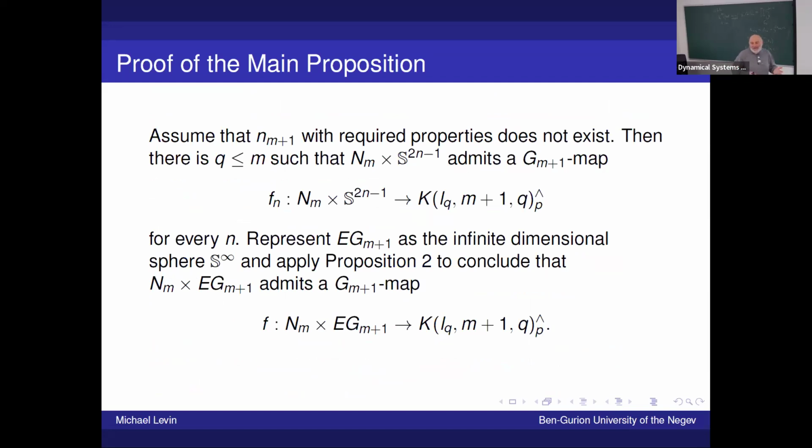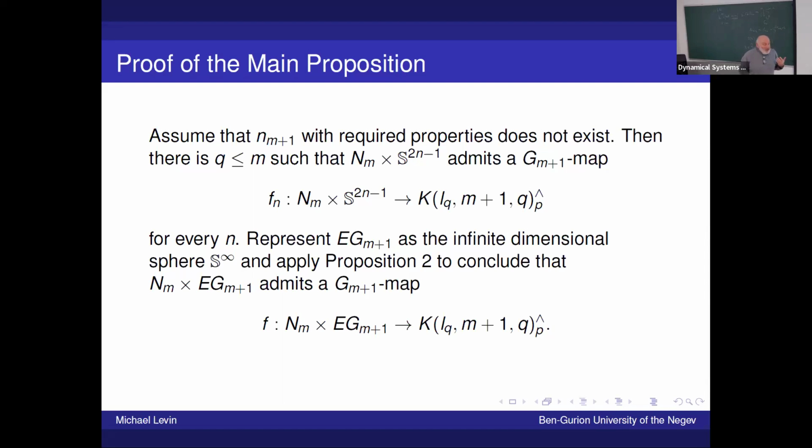We count only the iterations of the inductive procedure, passing from m to m plus one. That means that we can increase the dimension of the sphere, and we can always get a map to the periodic completion. We can do it for infinitely many spheres.